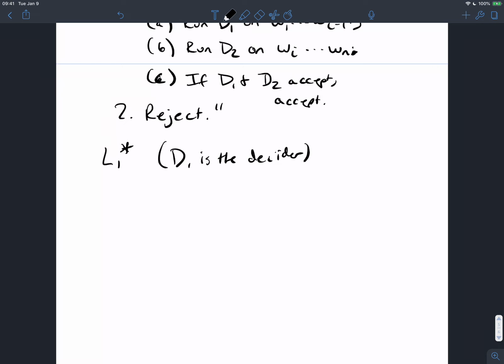What does star mean, for those who remember? Yeah, just pick some non-negative integer number of times from L1, concatenate all of those strings together, and then put that in the star. So it's just repeated concatenation for some point.